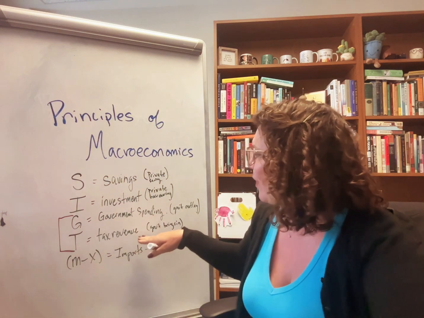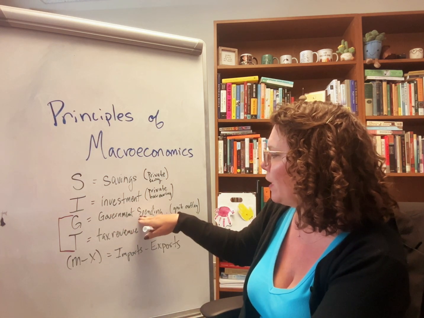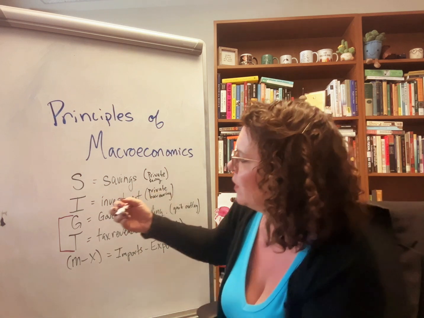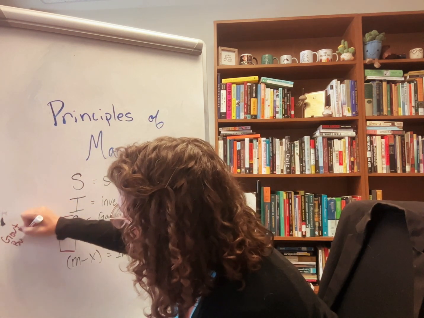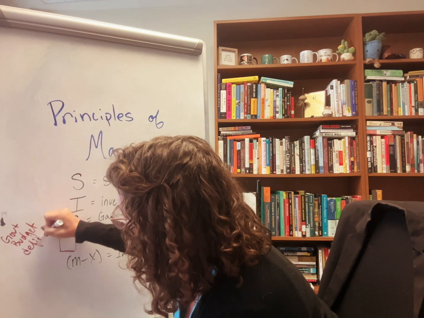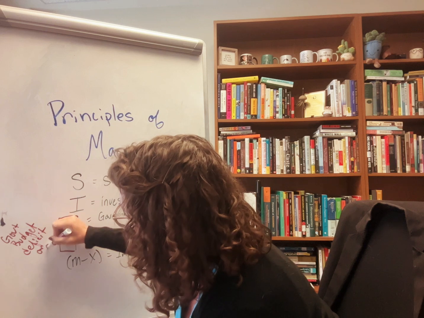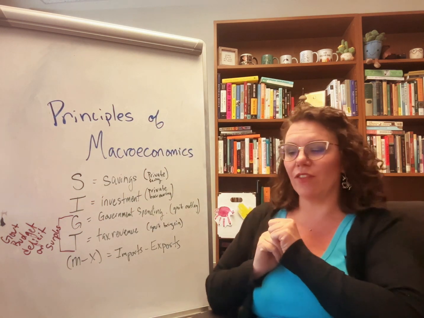And that's really how we want to think about this. Is the government making more than it's spending or spending more than it's making? That will give us whether or not we have a government budget deficit or surplus. Is that a positive number or a negative number?